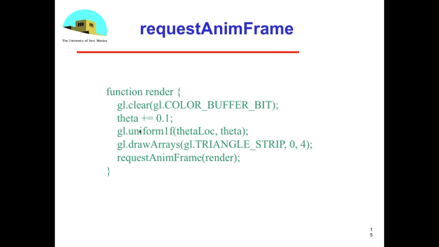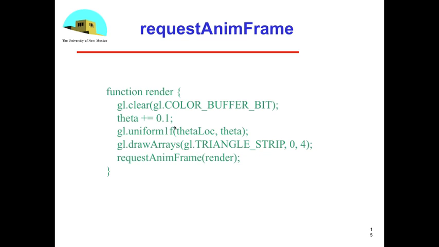It's getting the uniform variable, incrementing theta, sending it over as a uniform variable, and then it's drawing the arrays and says, okay, request an animation frame. So essentially, this is a way of putting this in an infinite loop of render as fast as you can, locking it to the rate at which the display goes.